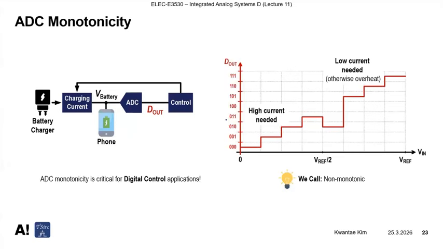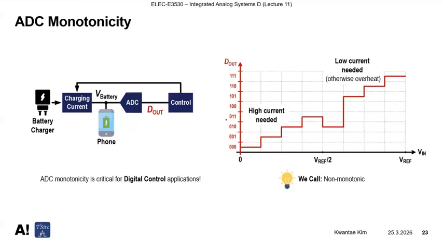For example, let's say we have a battery charging situation. We have a cell phone battery, and a very simplified structure. Let's say we have charging current control, which means we can control the amount of charging current from our outlet. We have the battery voltage, and our ADC measures the battery voltage from analog to digital.